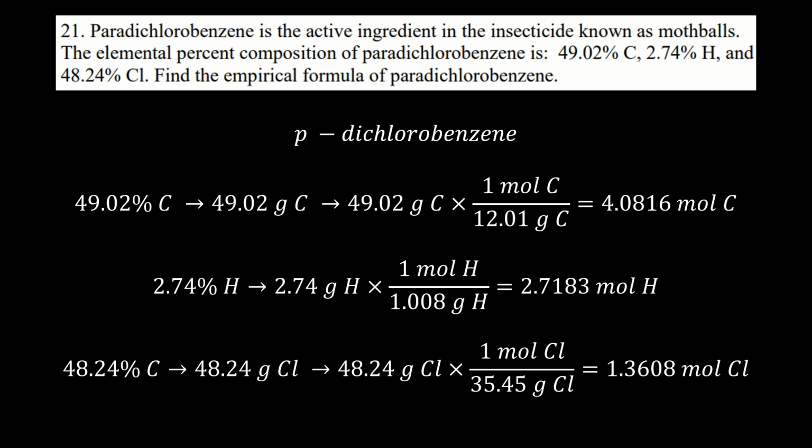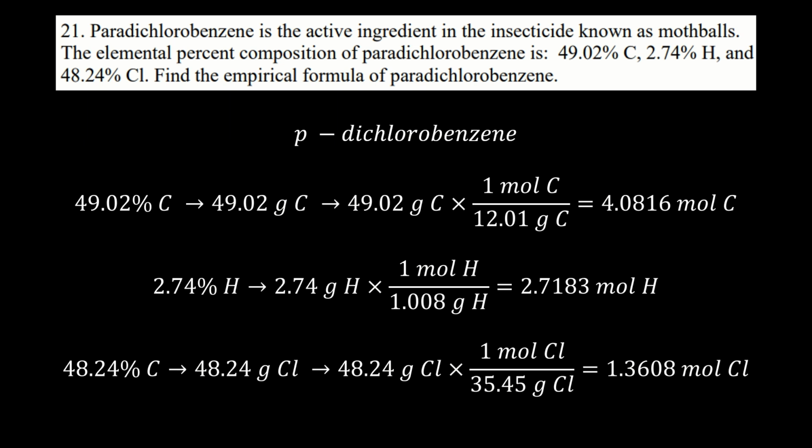For this problem, assume that you're working with a 100-gram sample. Therefore, 49.02% carbon just becomes 49.02 grams of carbon. And then if we multiply that amount by the reciprocal of the atomic mass of carbon, that gets us to 4.0816 moles of carbon.